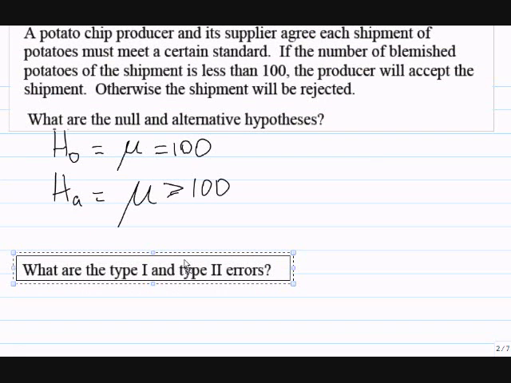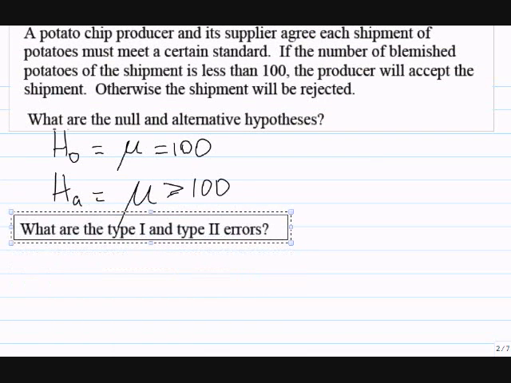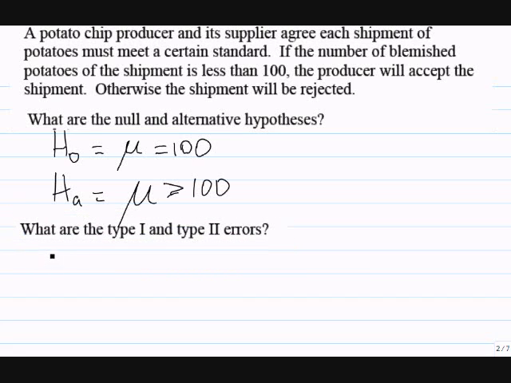So what a type 1 error would be is that we reject the null hypothesis and we're wrong. If I reject the null hypothesis, I'm thinking I got a lot of bad potatoes in this truck.